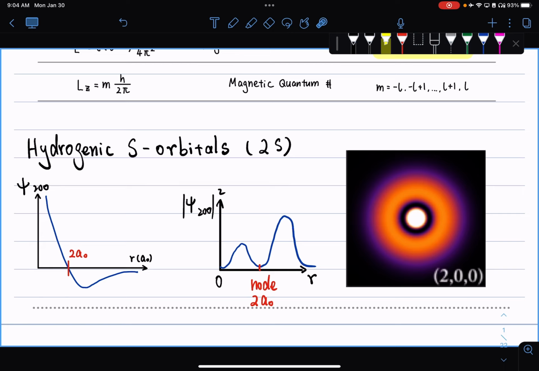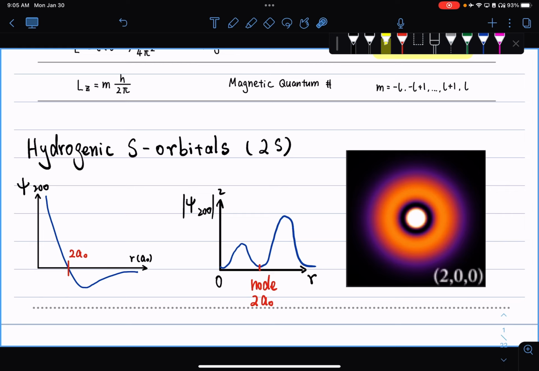The wave function and the atomic orbital, these two terms are equivalent for hydrogen atoms. On the left-hand side, this is the solved wave function and a general picture of what it looks like. Note that in the solved wave function for the 2s, we have a node. For the 1s, we don't have any radial node.